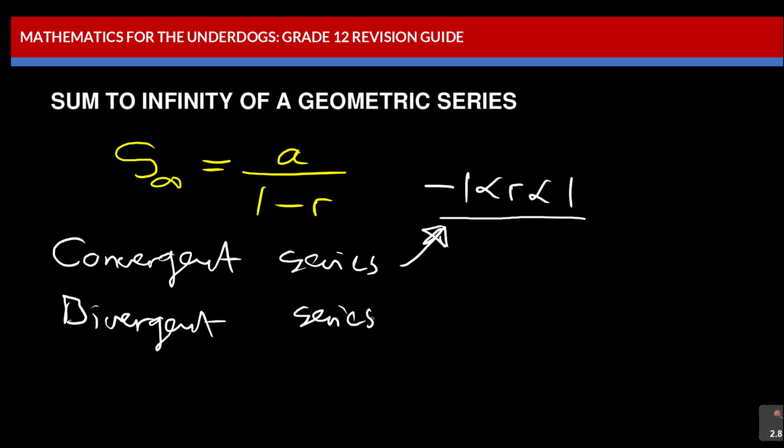If they ask you whether this series converges, you must make sure that you prove that the common ratio is between -1 and 1. But if it is divergent, the common ratio r will be either less than -1 or greater than 1. That is where you will discover that the particular series is divergent.